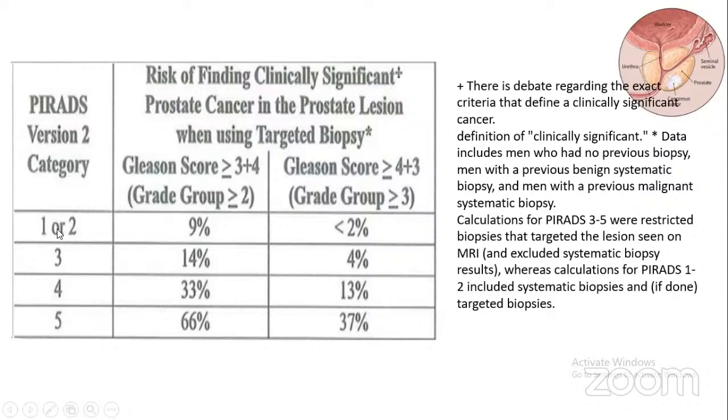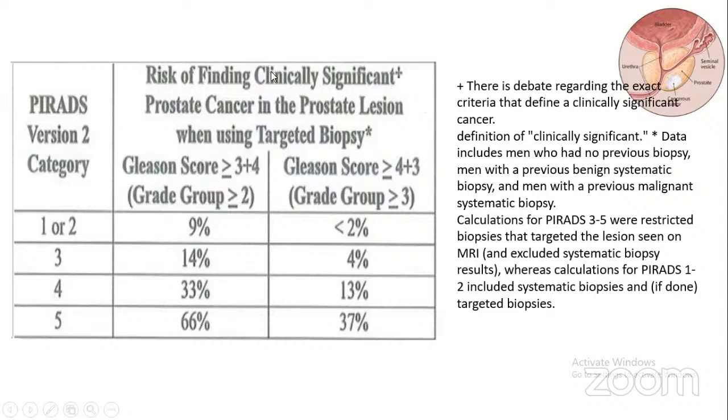And category 5, PI-RADS version 2 category 5, here it's 66%. Compared with lesion score more than or equal to 4 plus 3: for PI-RADS version 2 category 1 or 2, less than 2%, category 3 is 4%, category 4 is 13%, and category 5 is 37%.